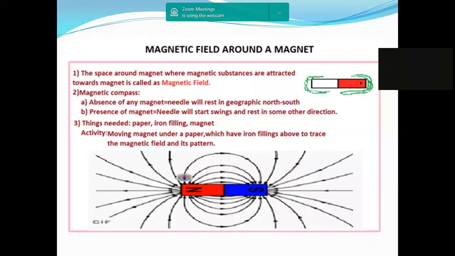Now let's learn about the magnetic field. The area around a magnet where magnetic substances are attracted, where you can feel a particular force of attraction nearby the magnet, that field is called the magnetic field. This is what is written in the first point.